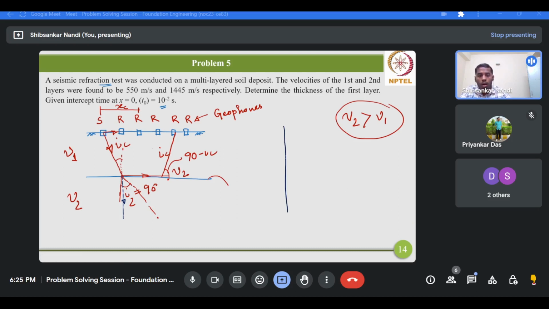Let me draw it here. Now if you draw, this is the distance from the source, and this is the time of first arrival.